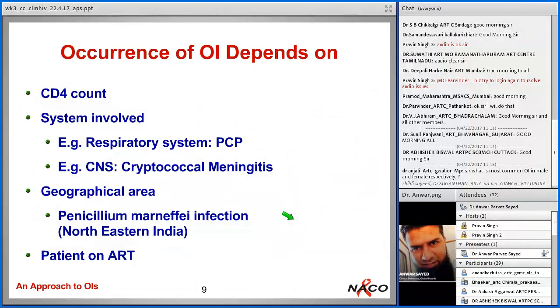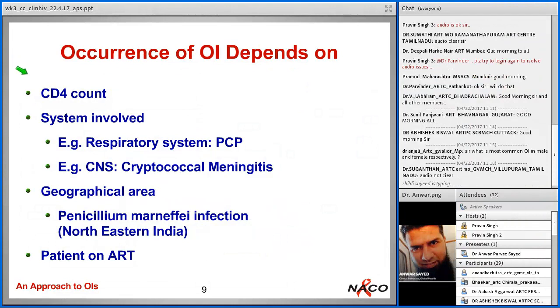Common OIs in male and female, I am not very sure of this kind of data. We may look for which OIs are common in men and women. But in India, at least, there has not been any difference especially in acquisition of tuberculosis. I never thought that there should be a difference in men and women.